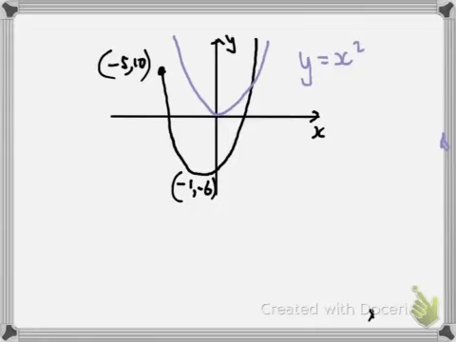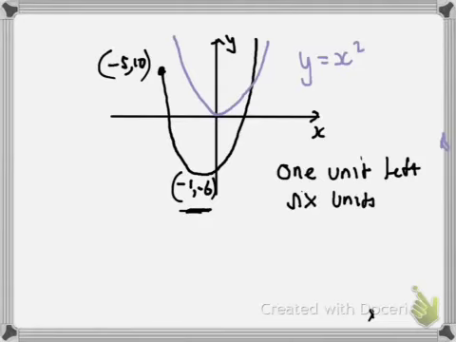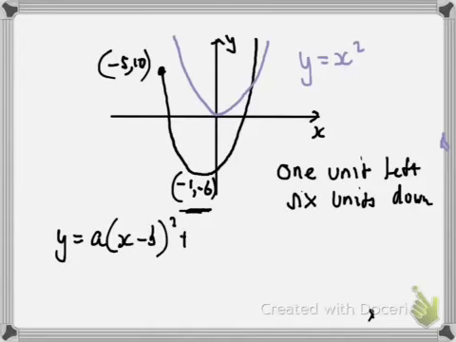Well, it's turning at that point there, -1, -6. It's been taken 1 unit to the left, and it's been taken 6 units down. So remember our standard form, y equals a outside of x minus b squared plus c.